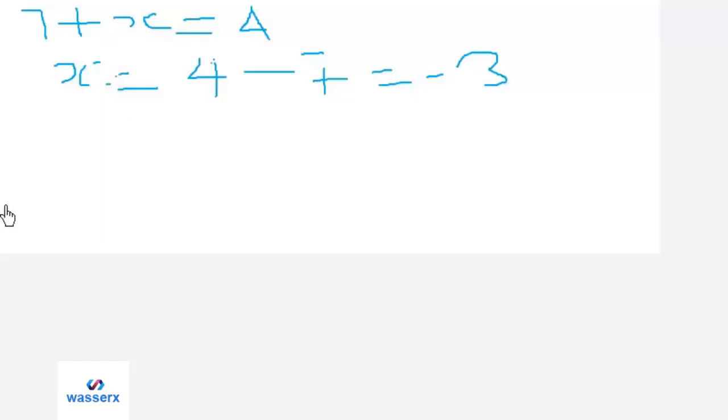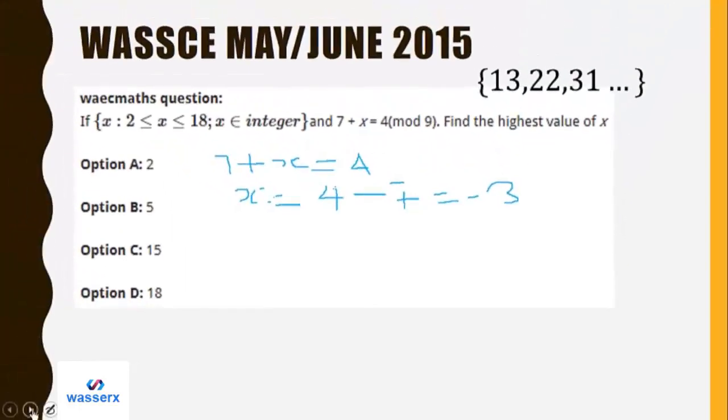So we go to the next one: 7 plus x is equal to 13. Now if you solve this, you are going to get x equal to 13 minus 7, and 13 minus 7 will give us 8.